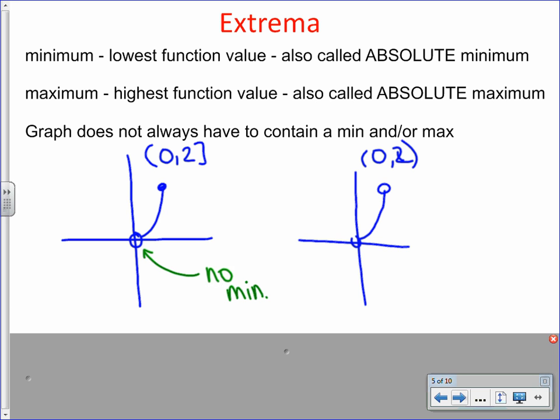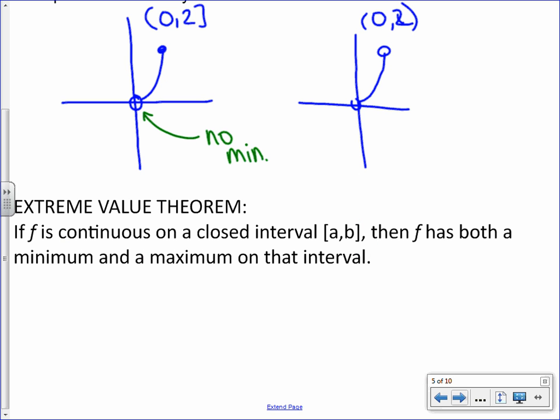Okay, what was the point of me going through all 4 of those graphs? I want you to notice that as long as we have a continuous curve on a closed interval, then f is guaranteed to have both a maximum and a minimum on that interval.